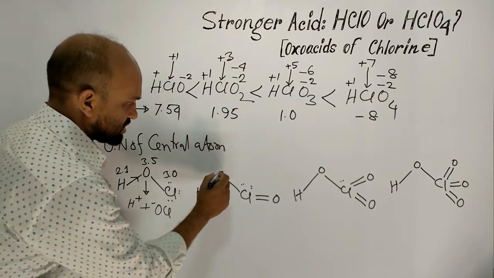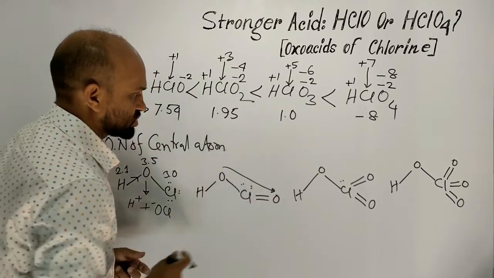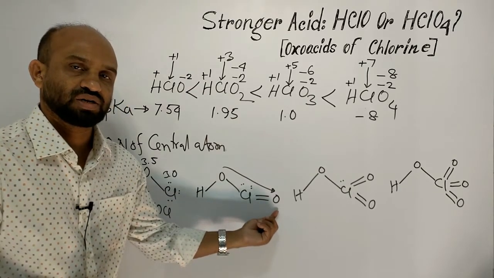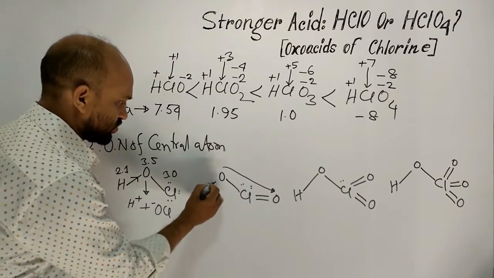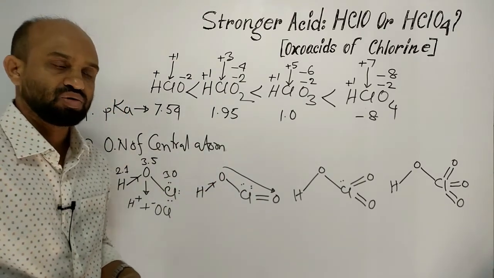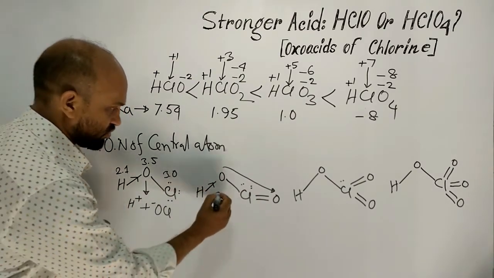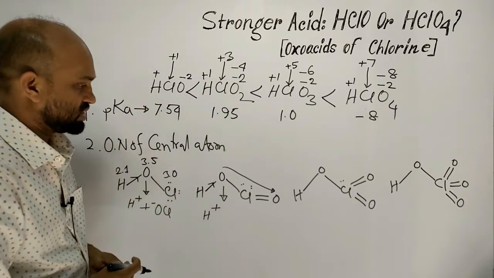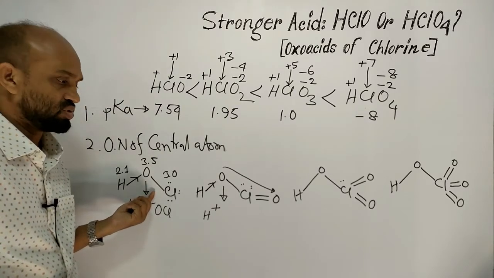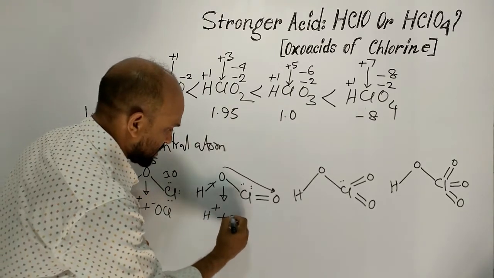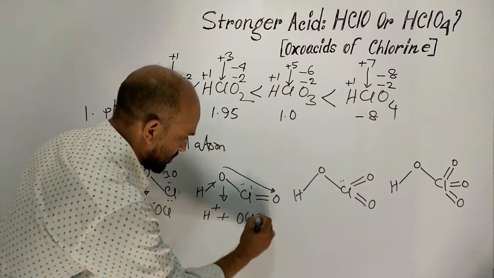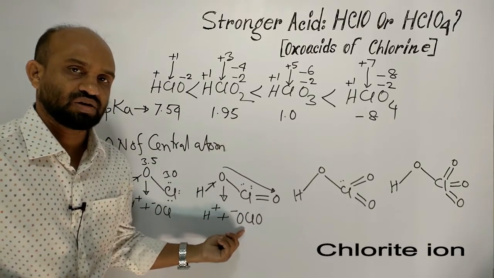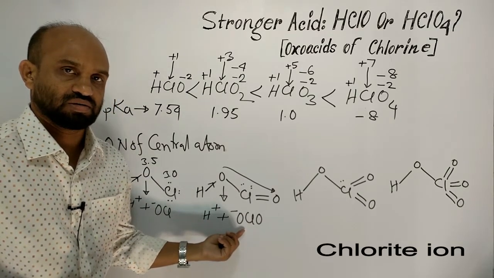Here actually 3 electronegative atoms are present: oxygen, chlorine, and 1 additional oxygen. That is why this bond gets polarized more than in the previous compound, and for this reason hydrogen is freed as proton more easily than from that compound, and at the same time the anion ClO₂⁻ is formed. The name of this anion is chlorite ion.